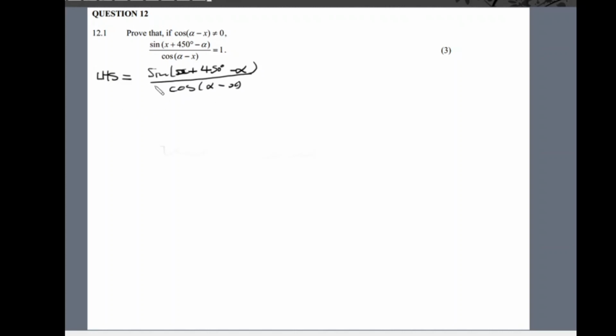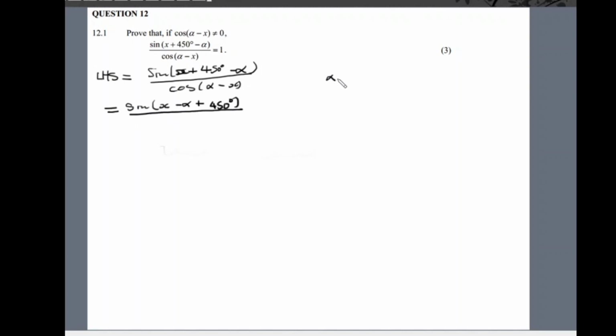And then must rearrange lapha ku numerator yethu sizoba no sine x minus alpha plus 450 degrees. Sine x minus alpha plus 450 degrees divided by nala good denominator se rearrange.